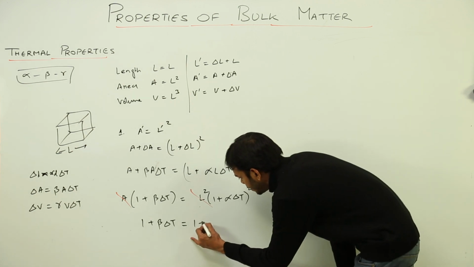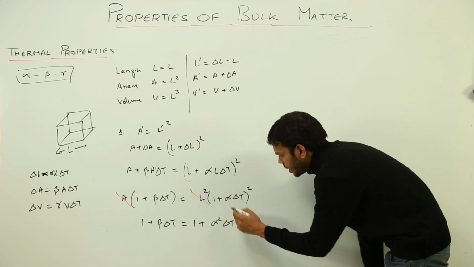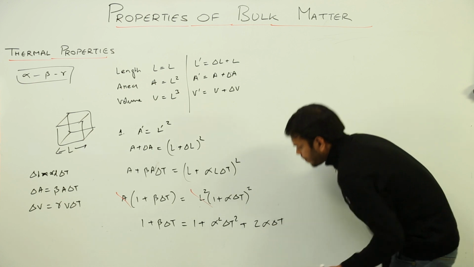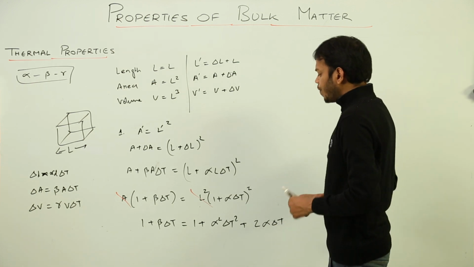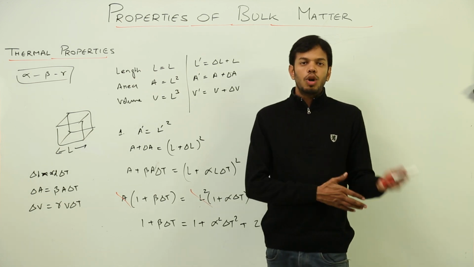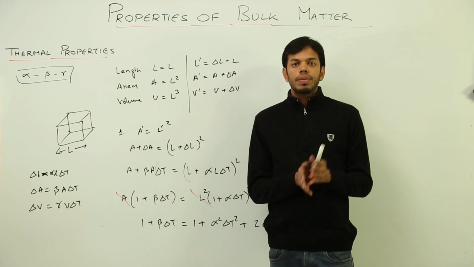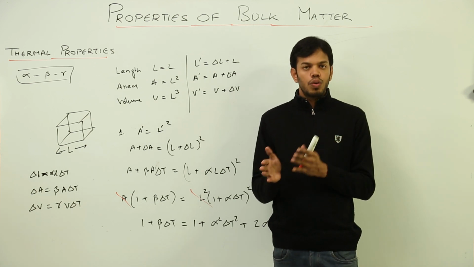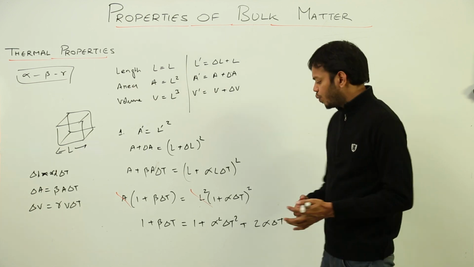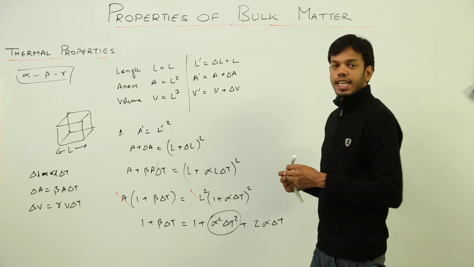It will be A square plus B square plus 2AB, twice 1 into alpha delta T. Now the values of alpha and delta T are both so small that the square would be an even smaller value, right? For example, we have a quantity 0.1. Square of 0.1 is 0.01. So any square of a small quantity becomes much smaller. So we have to eliminate this term because it is negligibly small.